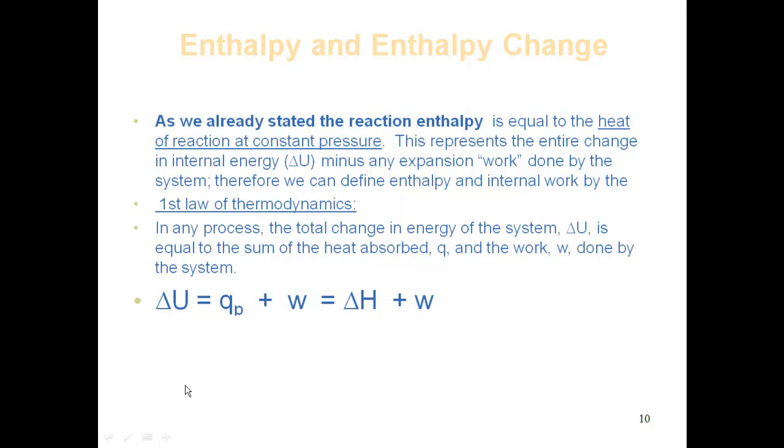In other words, delta U is equal to Q subscript P, meaning constant pressure heat, plus work. Now, we've already redefined our heat at constant pressure to delta H. Okay, so the first law of thermodynamics at the present moment for us is delta U is equal to delta H plus W, where W is work.